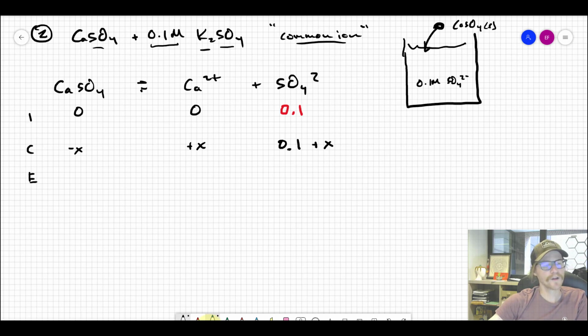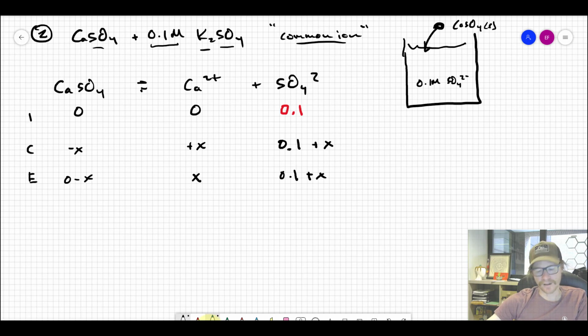So at equilibrium, we're going to have essentially 0 minus X of this stuff dissolved. So X amount of it will dissolve into the system. Again, that's not important because it doesn't factor into our equilibrium expression because it's a pure substance. We'll have X calcium ion, and we'll have 0.1 plus X as our sulfate concentration.